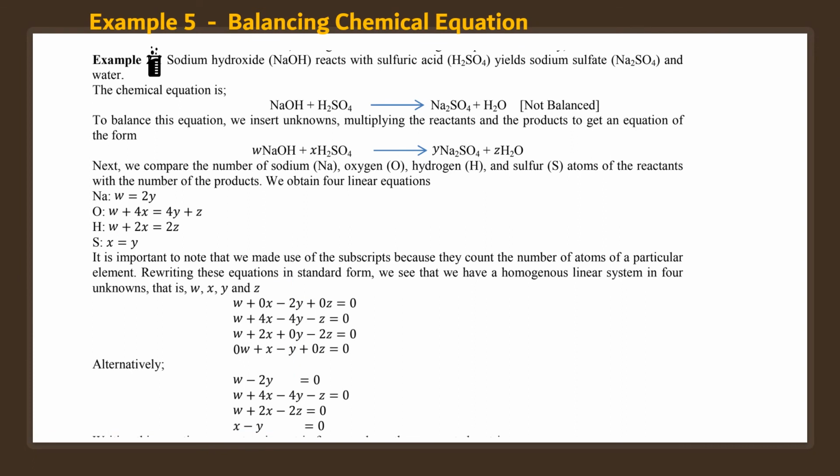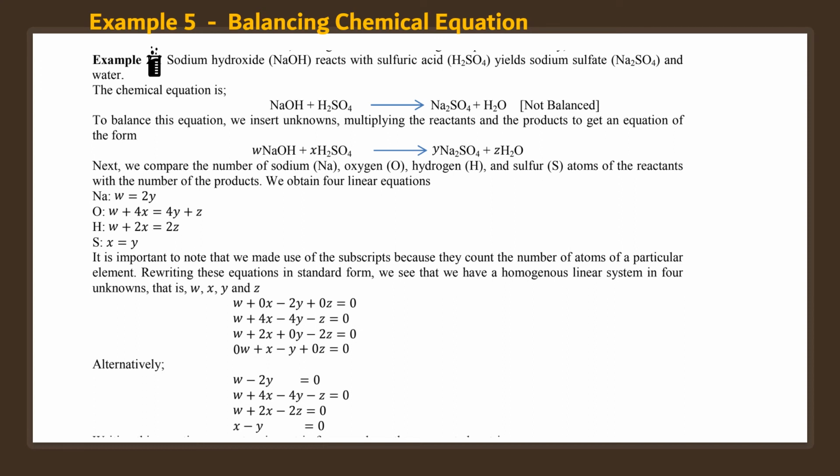The last example is balancing chemical equations. Let us take this combination. Sodium hydroxide reacts with sulfuric acid, yielding sodium sulfate and water. So sodium hydroxide plus sulfuric acid yields sodium sulfate and water.